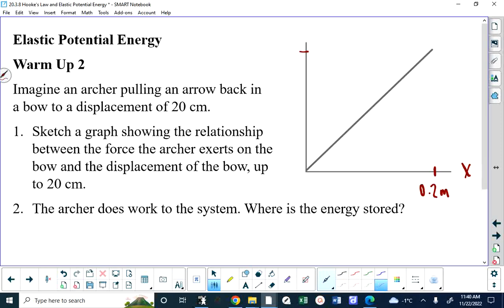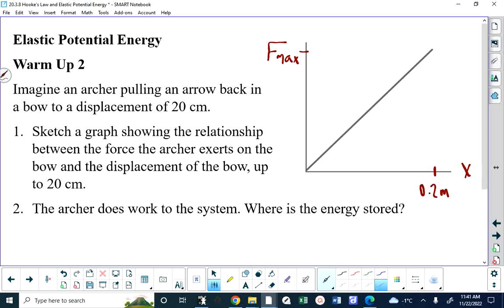And I want to stress something here. This force up top, I'm going to call it the maximum force. You need to understand that that force is not the force applied in pulling it back. It's not even an average force.